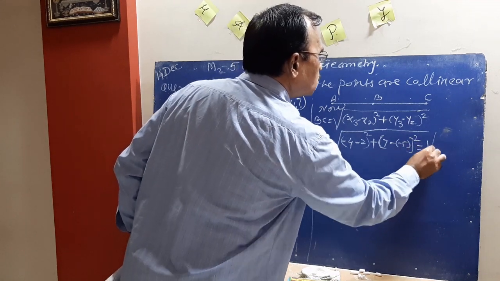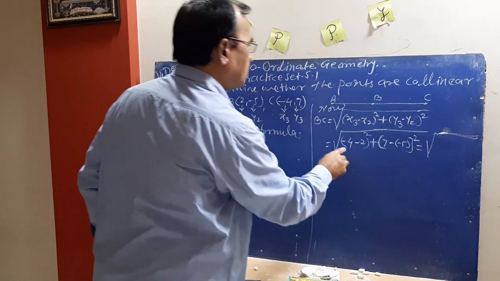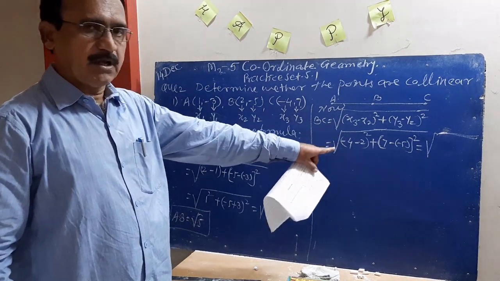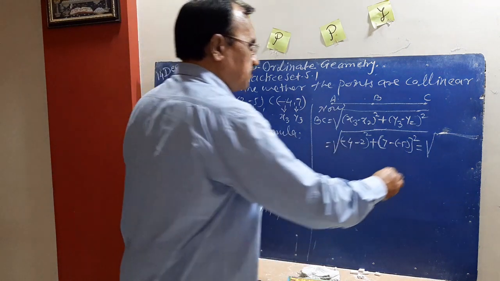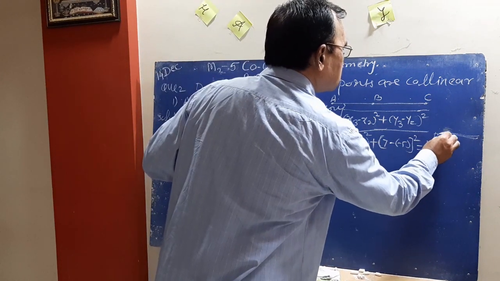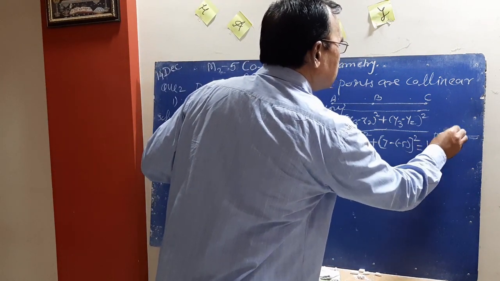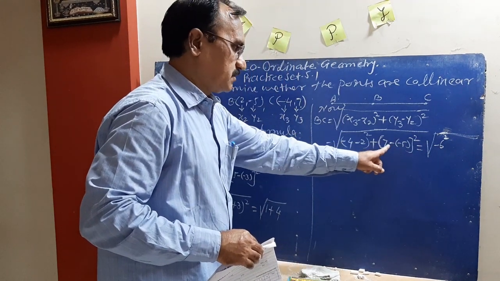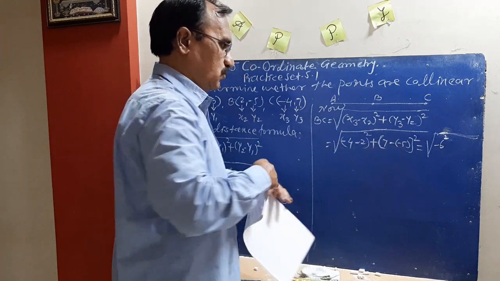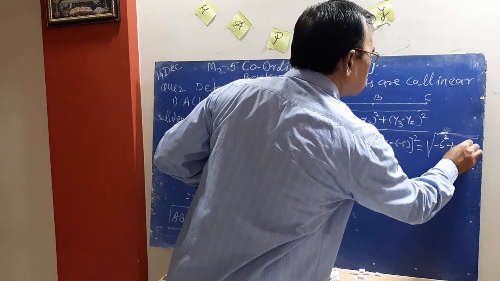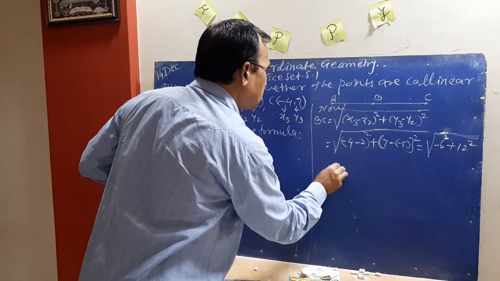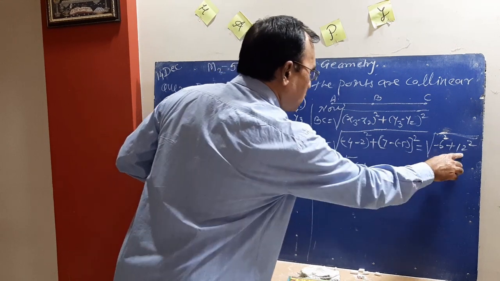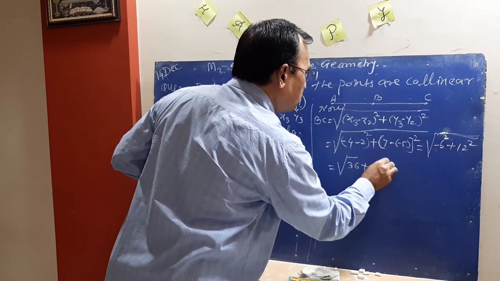Minus 4 minus 2, here it is addition, not multiplication, is minus 6 bracket square. After opening the bracket it will be plus 7 plus 5, that is 12, bracket square. The square of minus 6 is 36 and the square of 12 is 144.